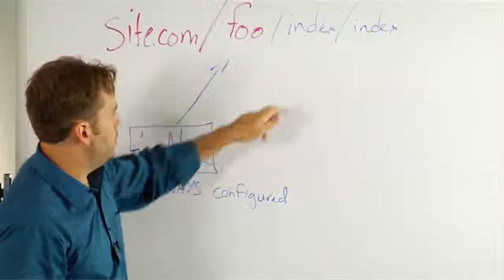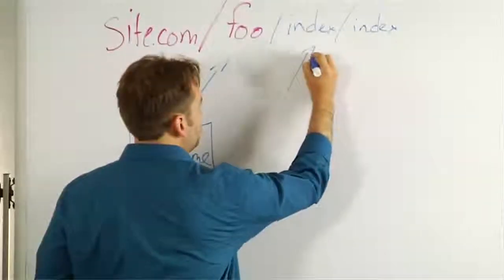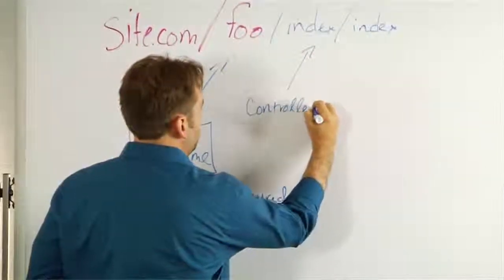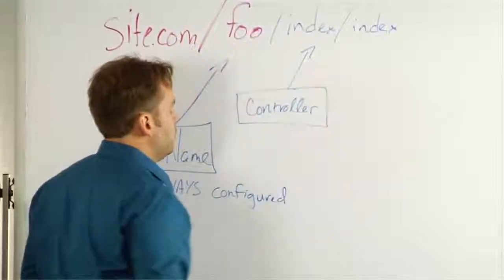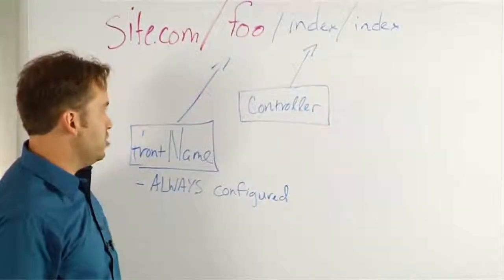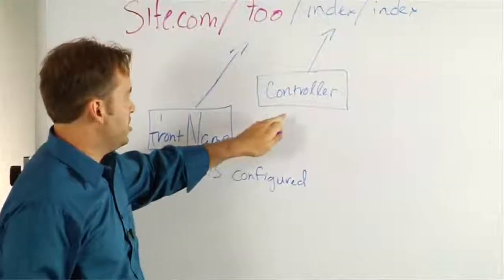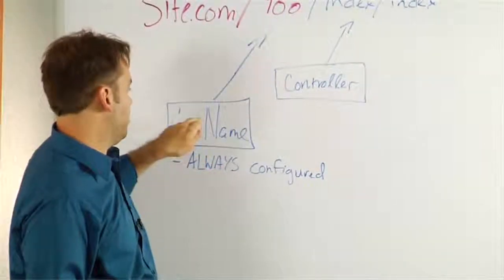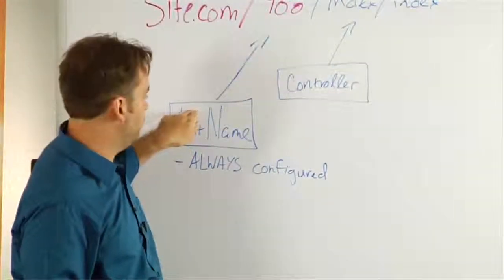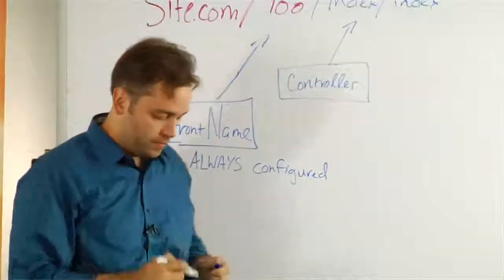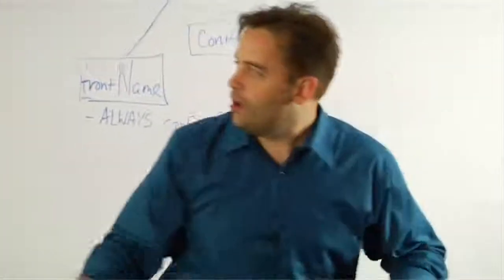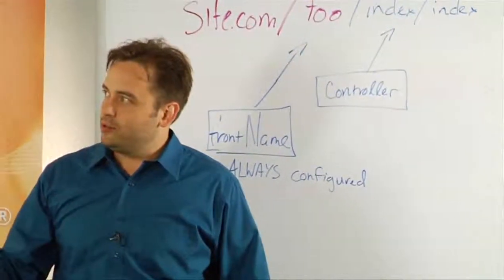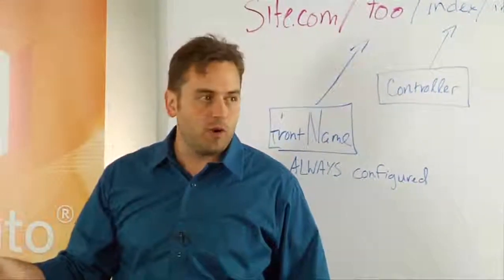Controller name is just a matter of matching a path after the path that I've configured for my front name. Front name is used to match a module name or a module path, foobar.